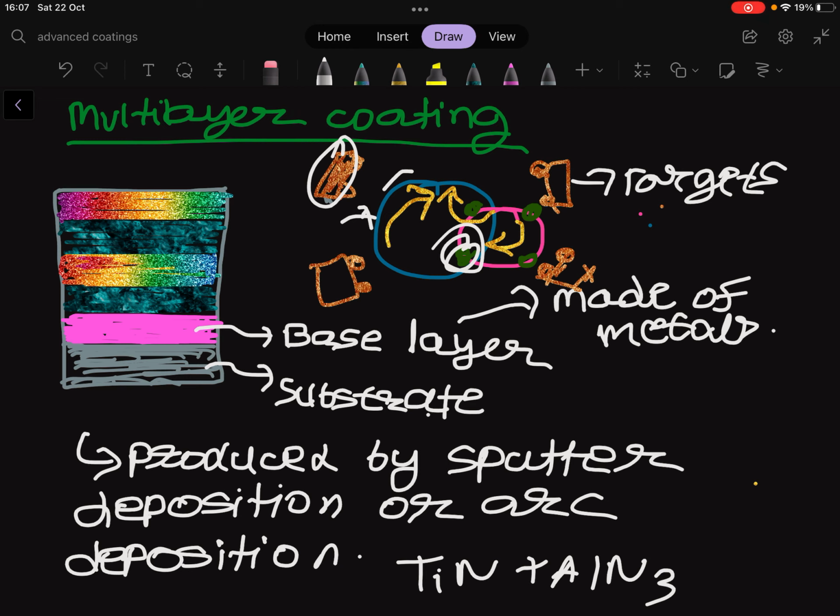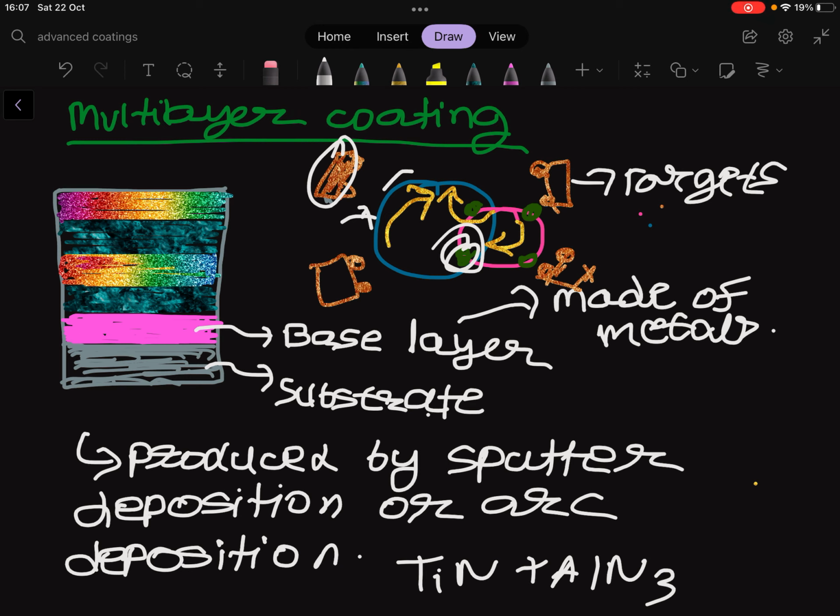Now let's talk about the advantages of multi-layer coating over the single layer coating. Actually, we find that these multi-layer coatings are harder in comparison to single layer coatings, and also they are tougher, that is more resistant to crack propagation. The increase in hardness can be justified by higher resistance to dislocation movement and multiplication.